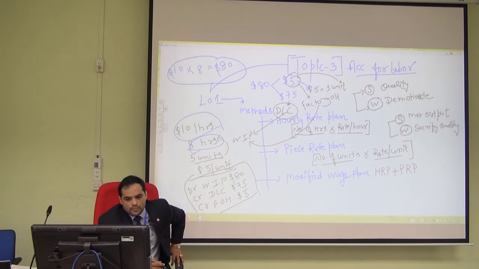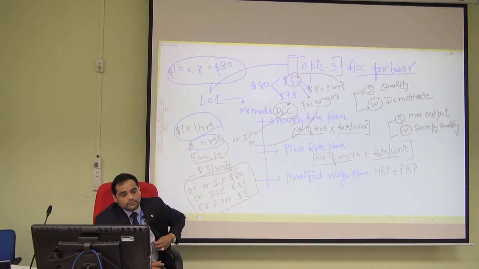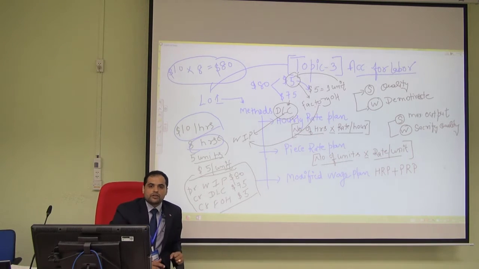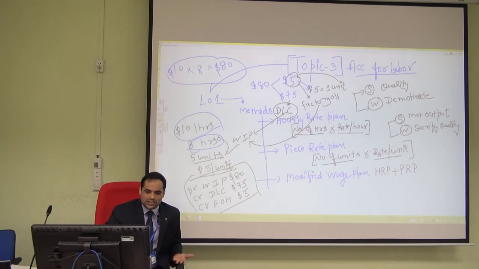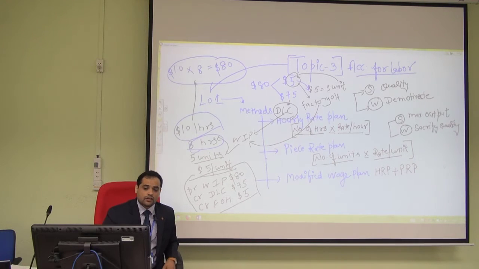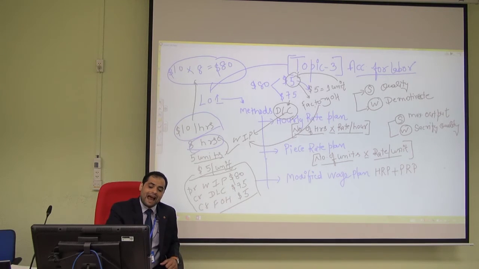So let's assume the worker performs extraordinarily. As in our example, I said the company asked to produce 5 units. But if the worker produced 6 units, and of course the quality of the units is acceptable to the company, then the worker is working extra. So of course the company will pay $10 per hour multiplied by 8 hours. So the company will pay $80 plus $5 more because the worker produced 6 units.